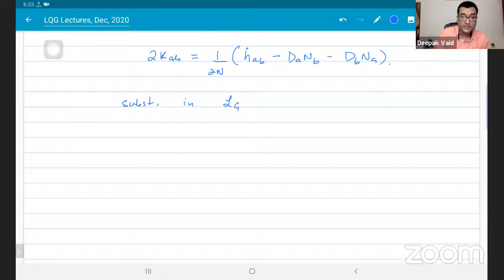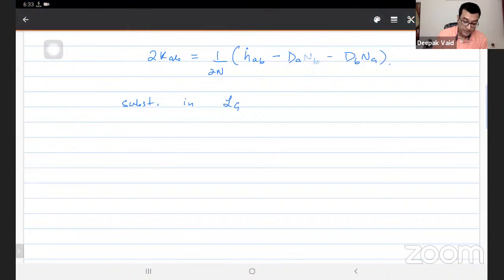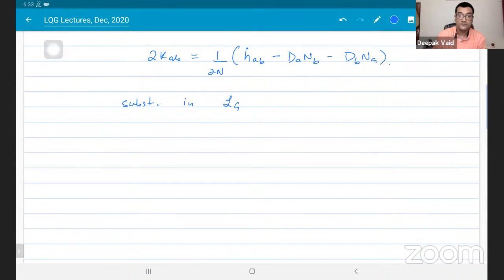And Devamalya, where is N mu? N mu is over here, right? This is the lapse. Okay. So when we substitute in L_G, we can take the functional derivative of L_G with respect to this h_ab, right?